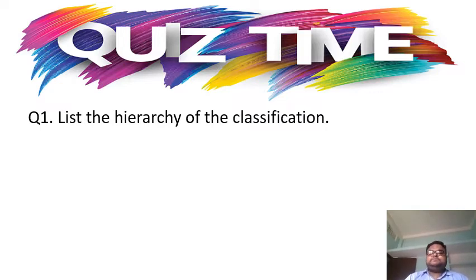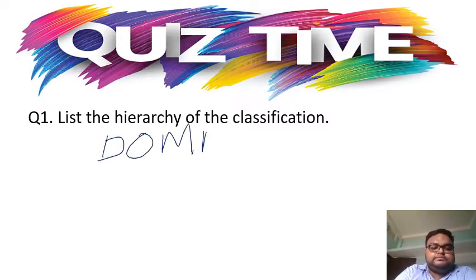Right. So now let's try to list the hierarchy of the classification. First of all, there will be domain. Let me write it here. After domain, there will be kingdom.